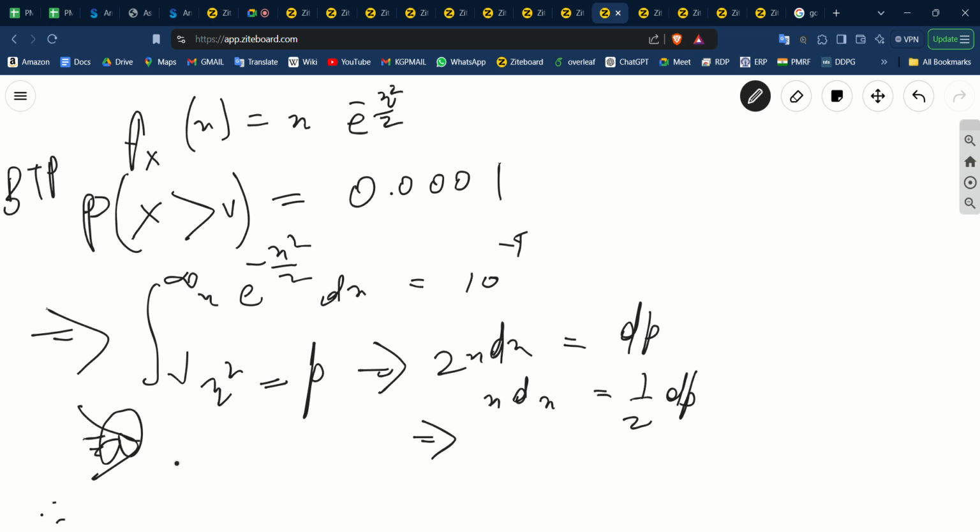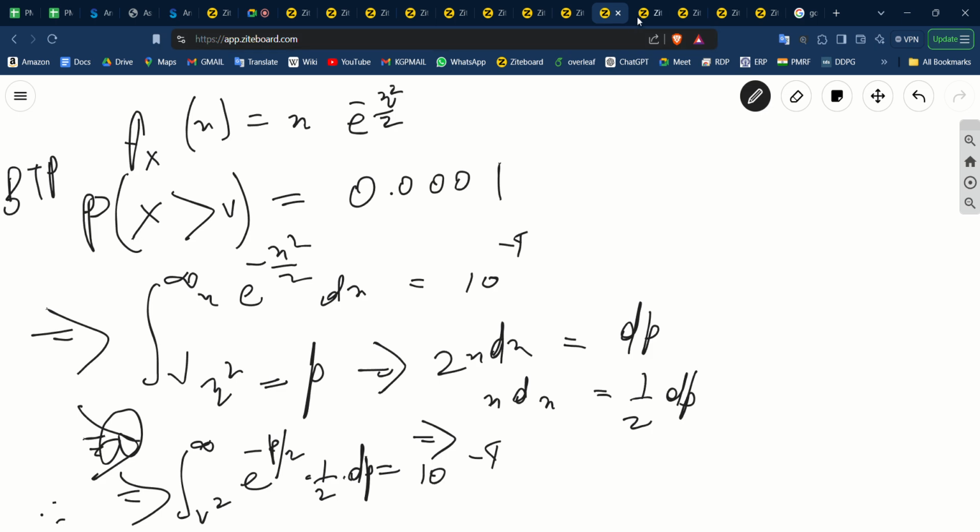Therefore, this integration becomes, now the limits also change. V becomes, of course, V square, and this remains infinity, and this becomes e to the power minus p by 2, and x dx becomes half dp. So this will be equal to 10 to the power minus 4. We are solving for V here.